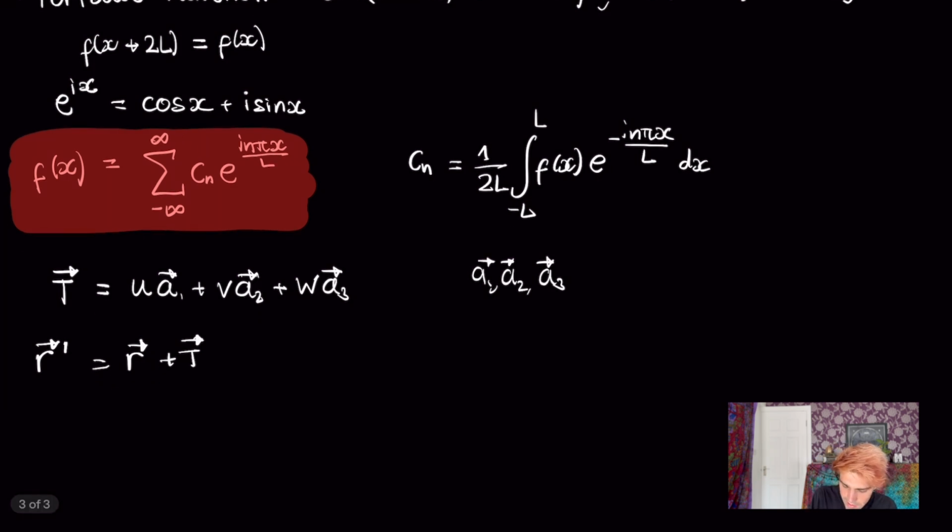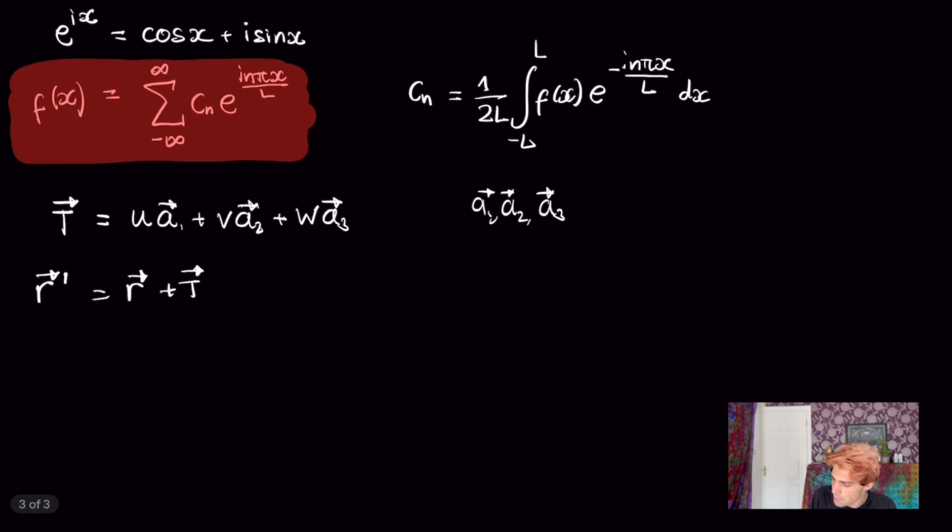Now, what we're going to do is have a look at the number density n of electrons at a position r within the lattice. So obviously within a crystal lattice we typically have ions and electrons.